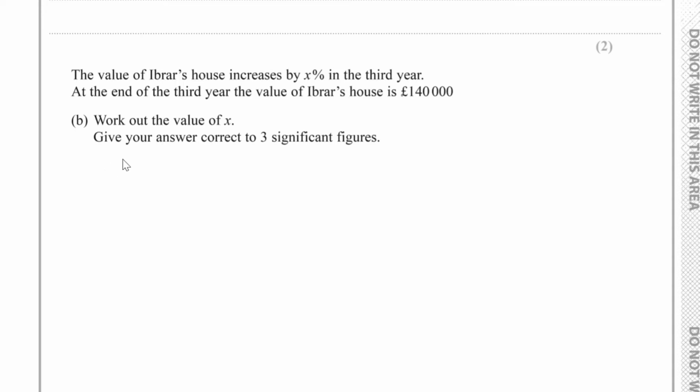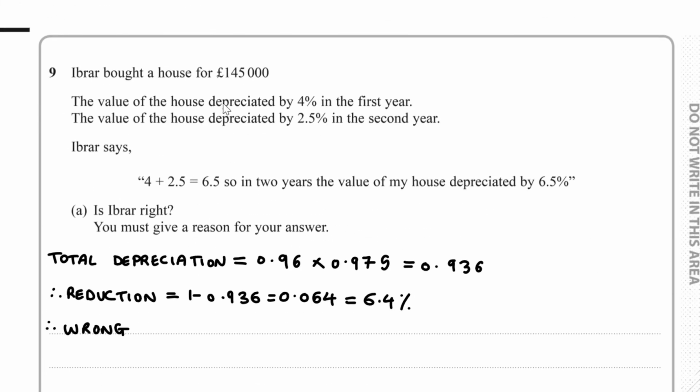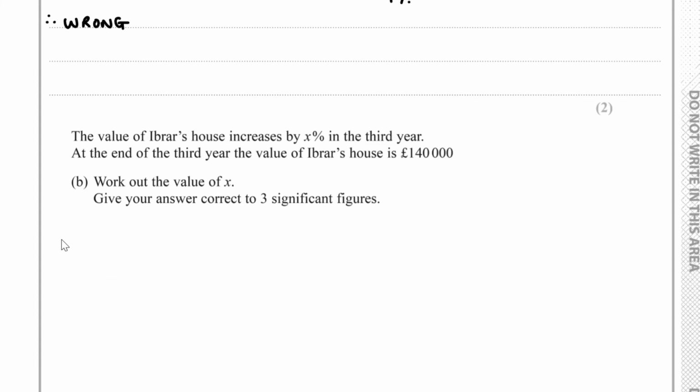Well, we've got the original price of the house, which is 145,000. We're going to multiply this by 0.96, which corresponds to the amount in the first year. Then we're going to multiply by 0.975, so this is the rate in the second year.